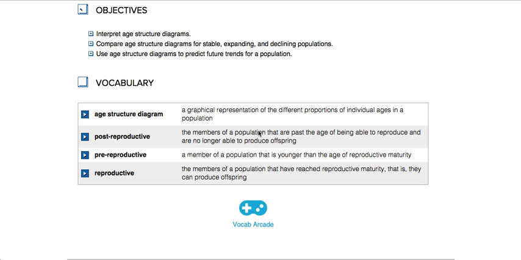When you look at interpreting these diagrams, you have to look at whether populations are expanding, stabilizing, or declining. Your lesson talks a little bit about that, so I'm not going to go into that because you should have gone through the lesson to understand what they are. But what I want to definitely touch on briefly first are some factors that affect age structure.